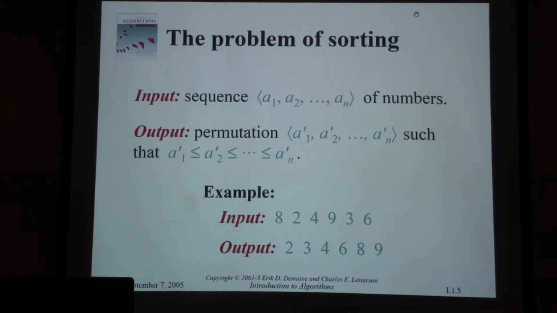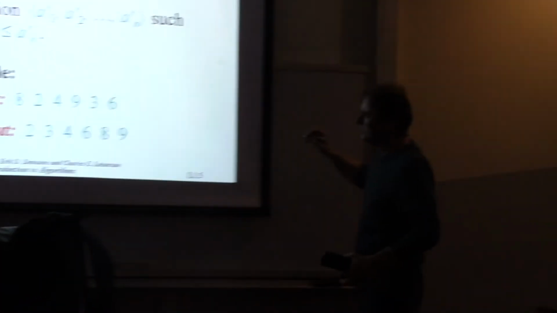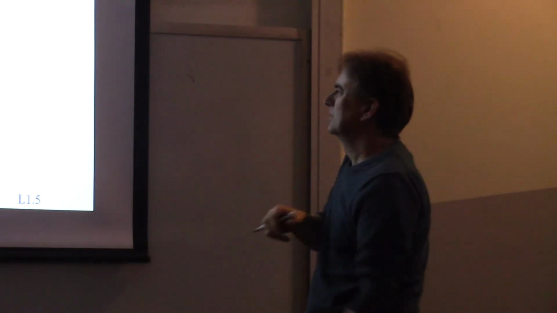And finally 6 has an inversion with 8 and 9. So we can count the number of inversions. Right? Let's count them again, very quickly. So if we're looking at 8, how many inversions do we have with 8?